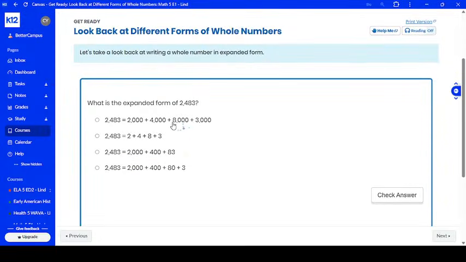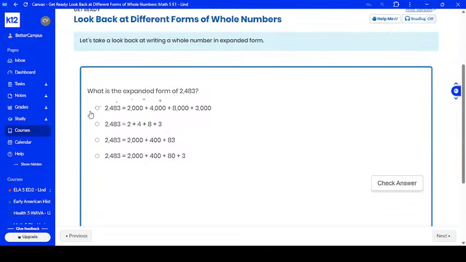Let's take a look. What is the expanded form of 2,483? Is it A, B, C, or D?